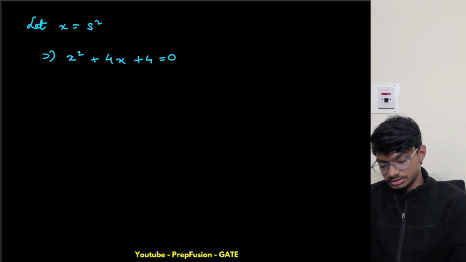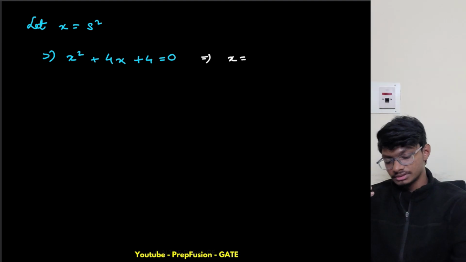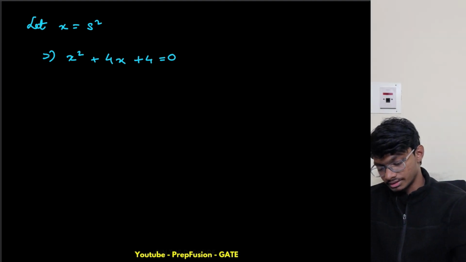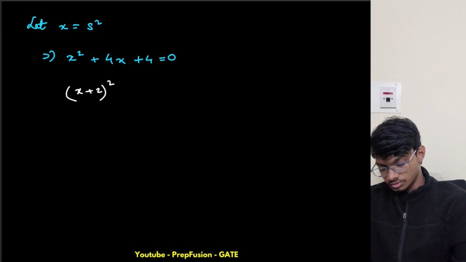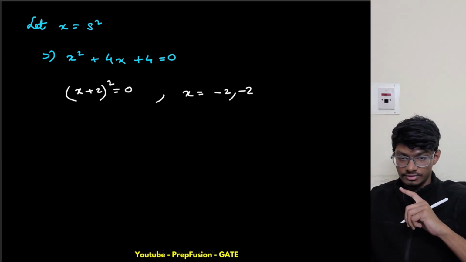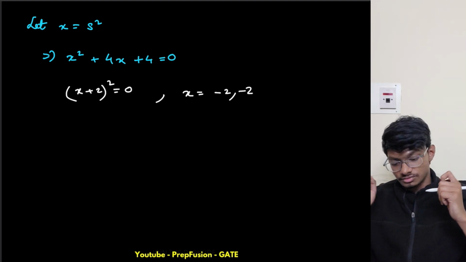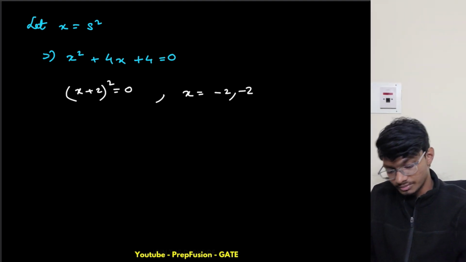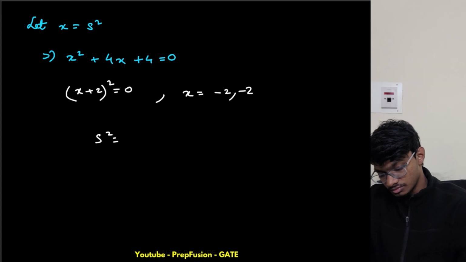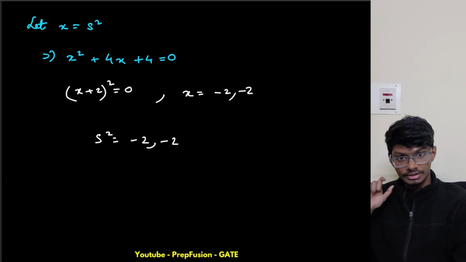Now if I solve for x, this is simply (x plus 2) whole square equals 0. So I have x equals minus 2 and minus 2, repeated poles. But I am interested in what s is equal to. Since x equals s square, s square equals minus 2, minus 2, which is repeated again. Now I will take the square root.